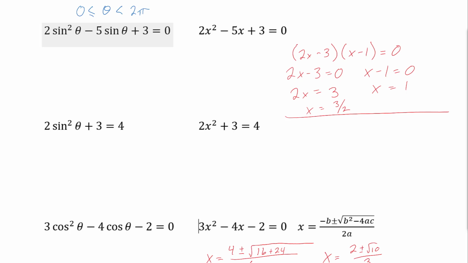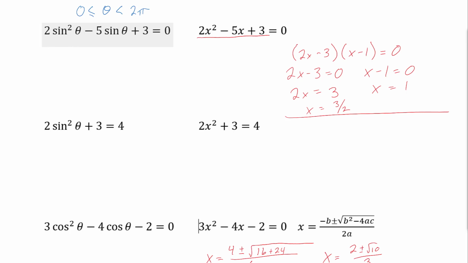And if we're thinking algebraically, we could just replace the sines with x's, and that would give us 2x squared minus 5x plus 3. If this scares you as it is, just replace the sines with x's for a moment, and then we'll come back and replace them again later.